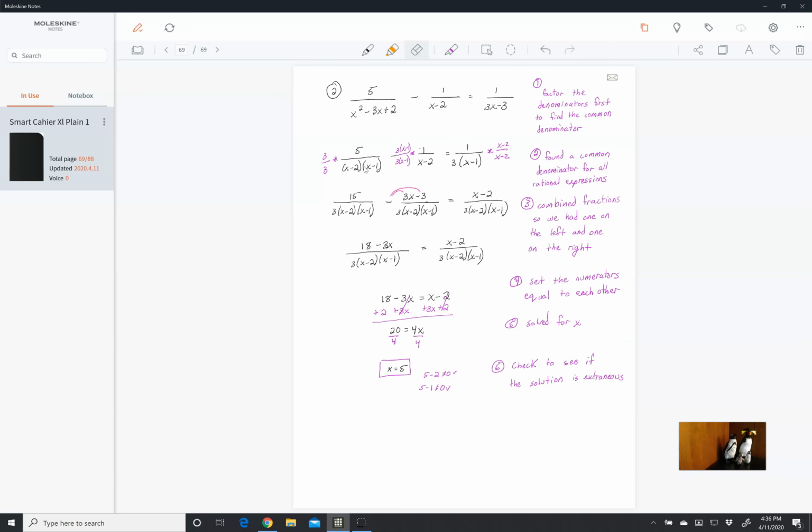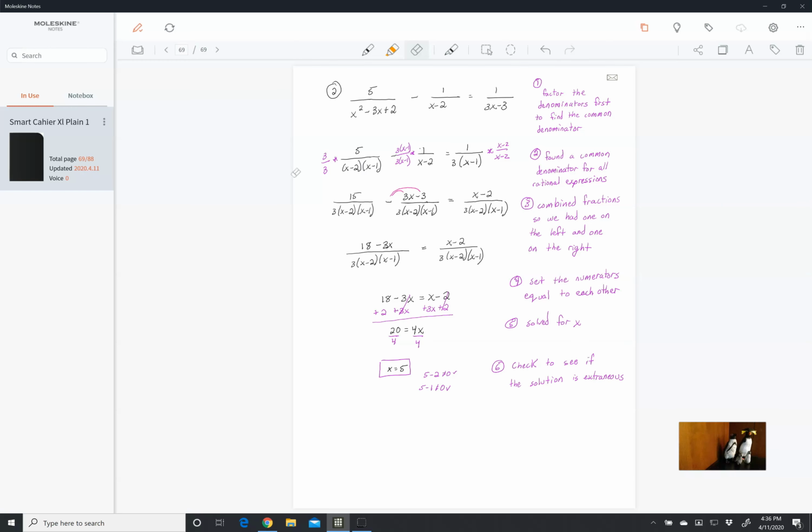They're just going to be all different kinds, but regardless of what we're doing, this process is exactly the same, okay? And sometimes you might be able to skip a step, sometimes you won't. In other words, it might be that you already have common denominators, so you don't need to find a common denominator.